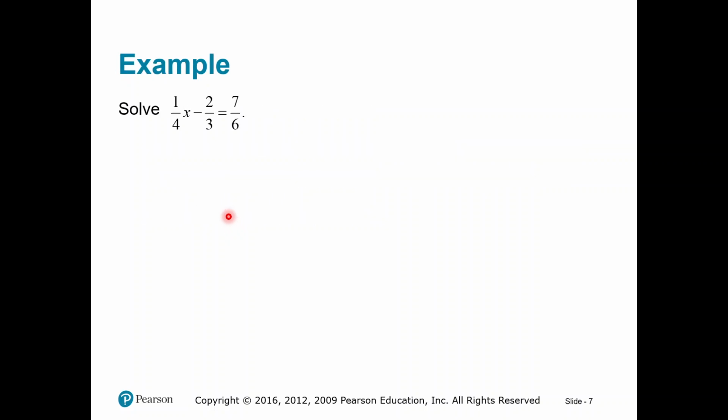So I have 1 over 4 times x minus 2/3 equal 7/6. First, we need to find the LCD between 4, 3, and 6. So the LCD is the LCM.